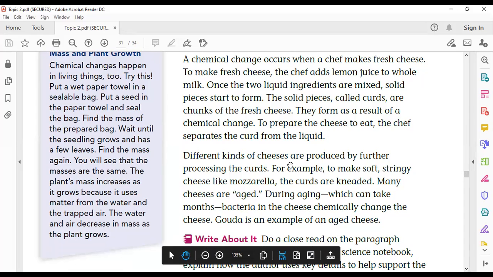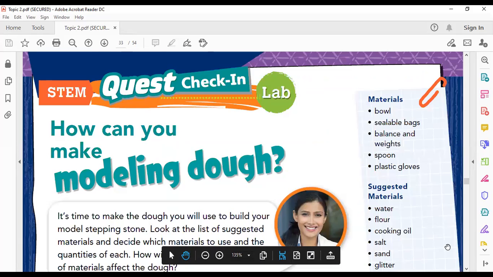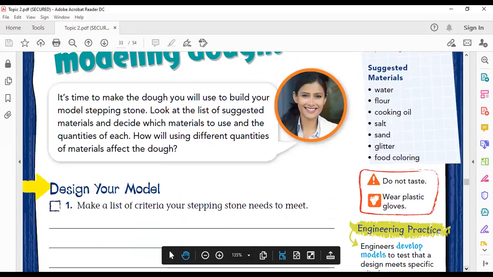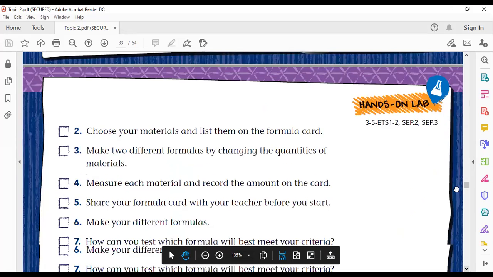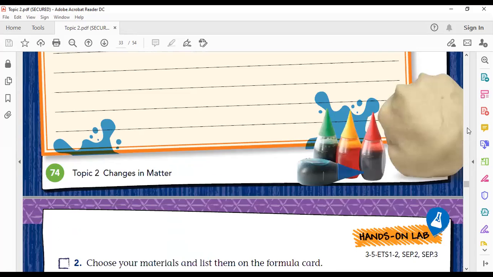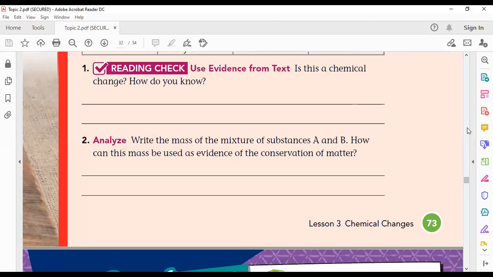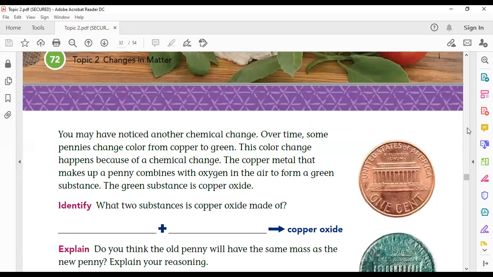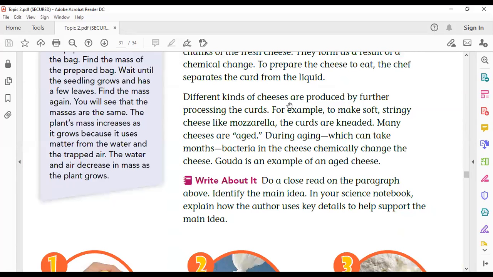Different kinds of cheese are produced by further processing of the curds. For example, to make soft, stringy cheese like mozzarella, do you know this cheese? The curds are needed.